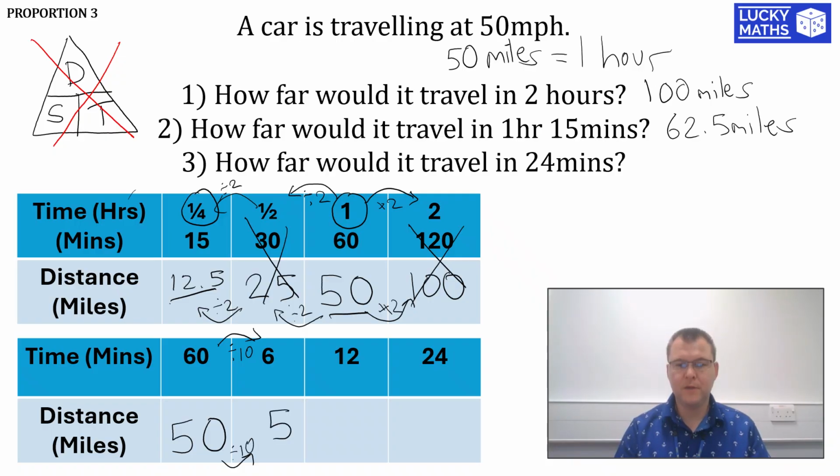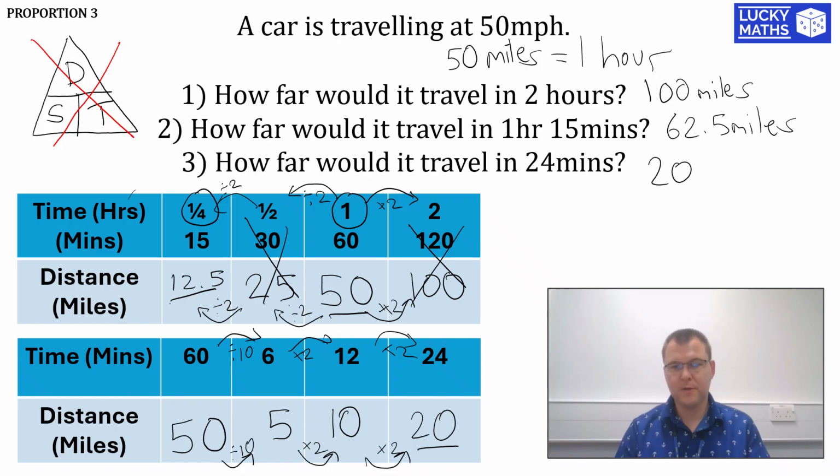The answer would be 10 times smaller, 50 divided by 10 is 5. So the car will go 5 miles every 6 minutes. And if we now double 6, we get 12. So double 5 here means in 12 minutes the car went 10 miles. If we double that, that means in 24 minutes the car has traveled 20 miles.